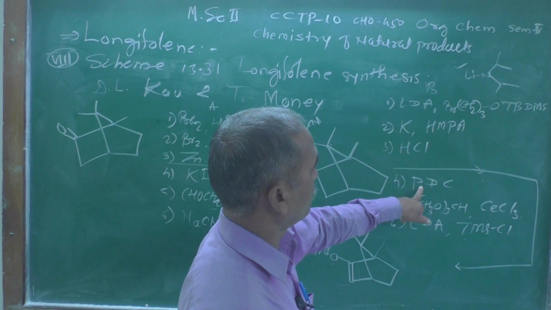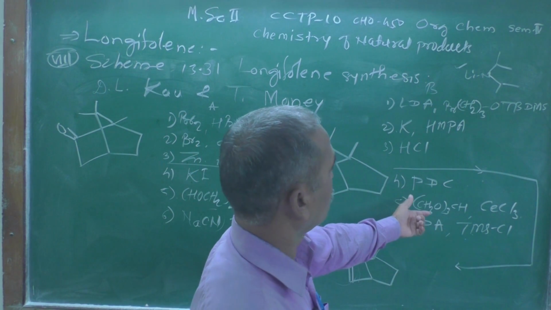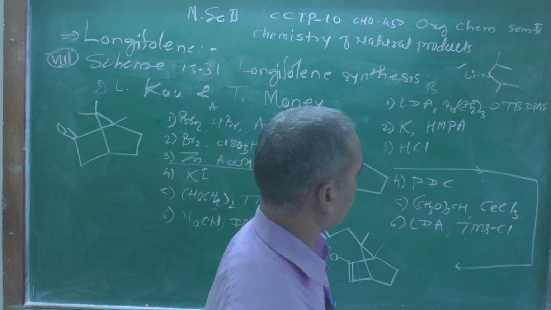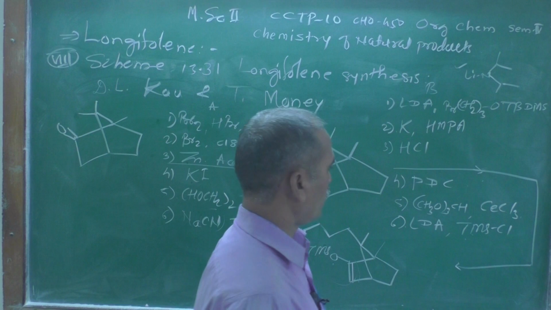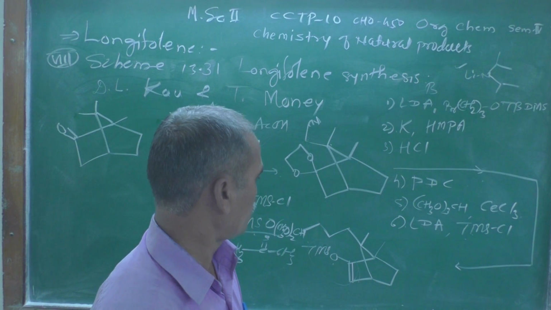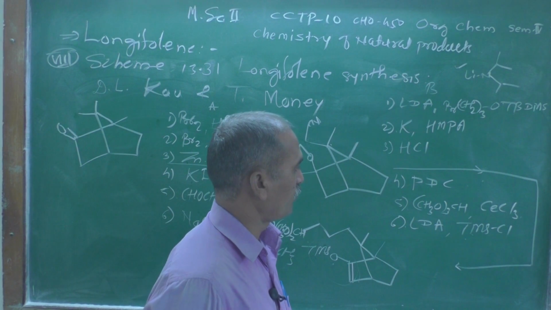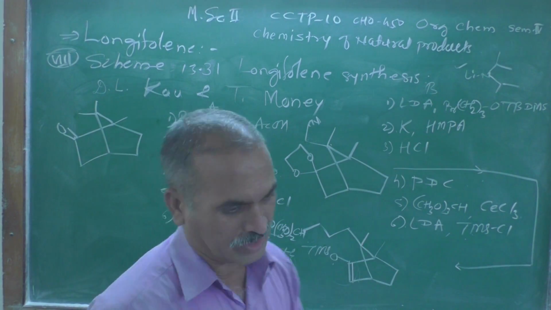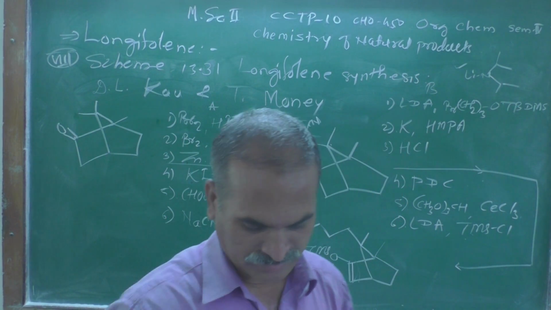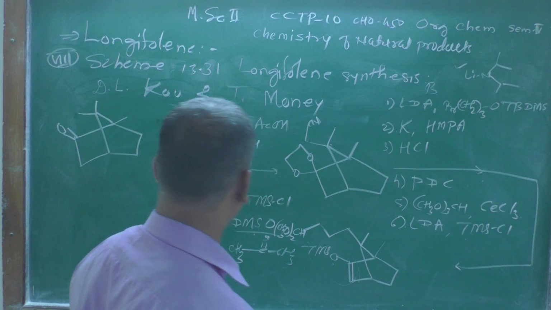Again there is pyridinium dichromate, then this gets replaced by cerium, and again LDA, TMSCl protects this one, so a double bond will form over there. By adding all these reagents suitably, we will get this compound. So this is the B reagent we added.